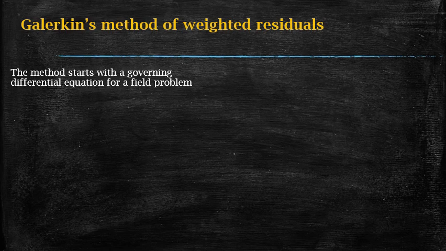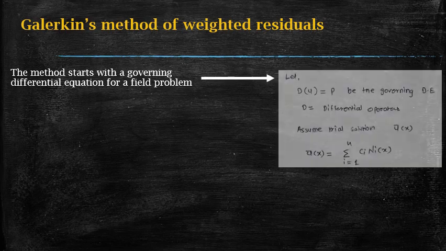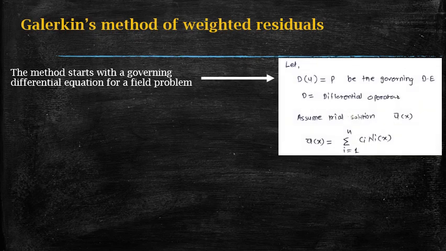The Galerkin's method of weight residual starts with a governing differential equation for a field problem. Now let us suppose this is our governing differential equation: D of u is equal to P, where D is a differential operator.